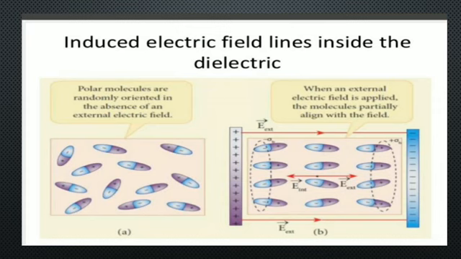See that diagram, then only you will understand what is the induced electric field inside the dielectric material. See, the first one shows polar molecules randomly oriented in the absence of an external electric field. நம்ம கரண்ட் கொடுக்காத அப்போது போலார் மாலிகுல்ஸ் எப்படி இருக்குது பாருங்கள். ஸோ ரேண்டமாக அங்கங்கே வேறு வேறு டைரெக்ஷனில் லைன் ஆகிருக்கு.